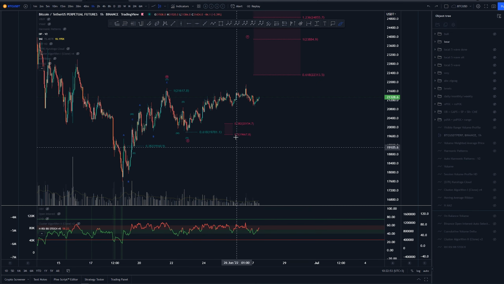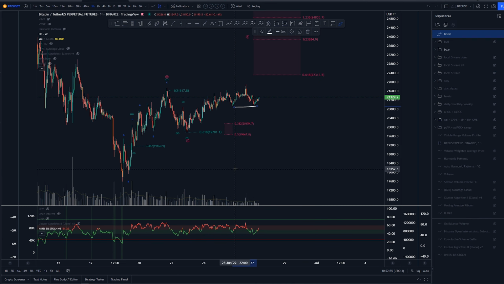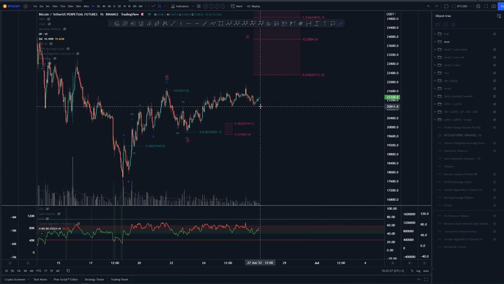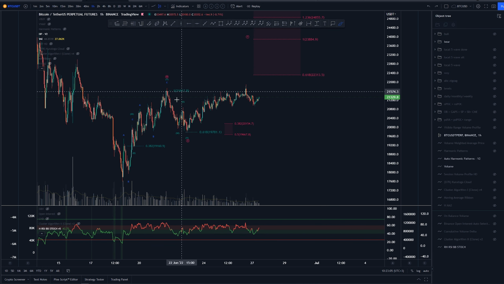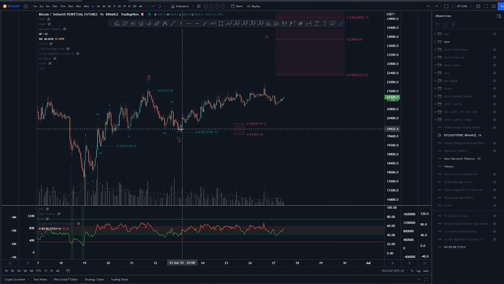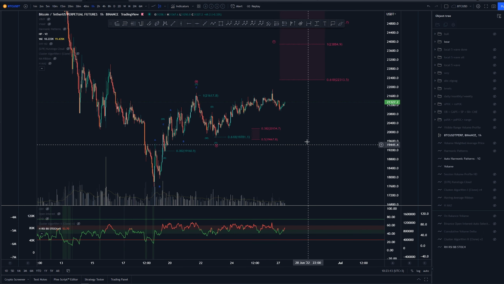So a continuation divergence basically, but not much. We'll see if it plays out at all, or if this is just something, I'm not even sure. It is just a mess here, and that's why I didn't cover this yesterday either. There's just nothing really happening. I'm not trading this at all at the moment.